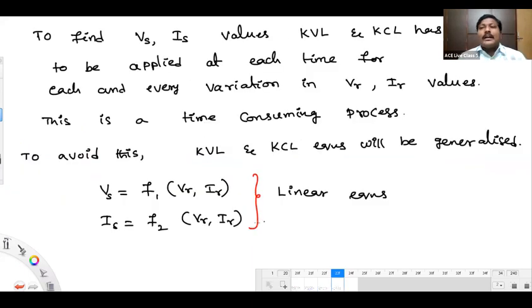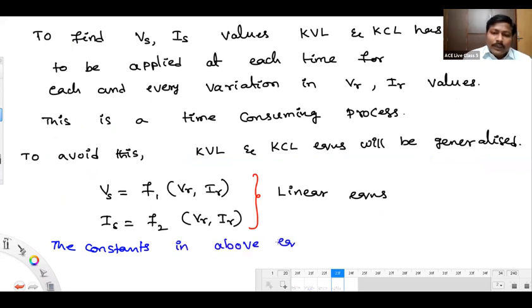Hence, I am going to call those constants transmission parameters. Else you can call them generalized circuit constants of the transmission line. So I'll write like this: the constants in the above equations will represent the transmission line.